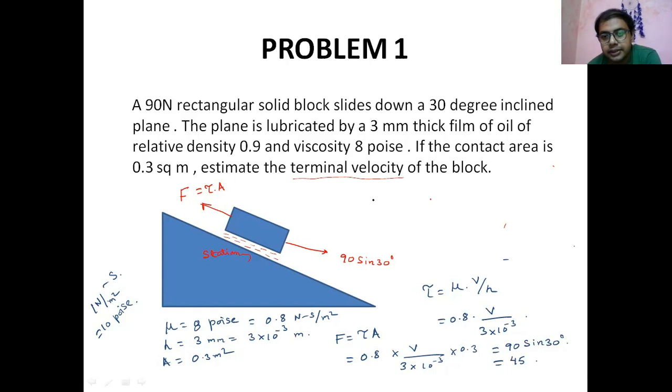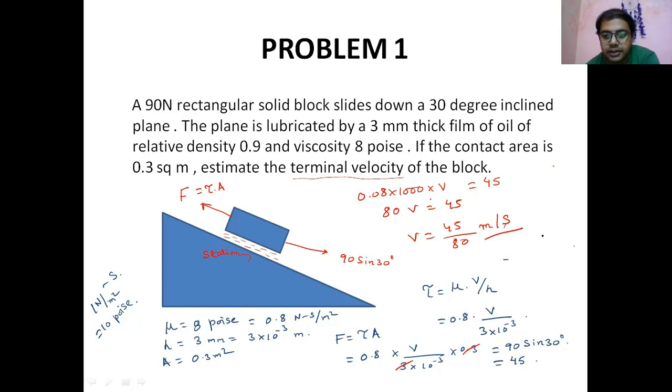Now the V value will come this way. 0.8 into 0.3 divided by 3 into 10 to the minus 3 gives 0.08 into 1000 into V. So 80 V equals 45, V will be 45 by 80, so the answer will come as 0.56 something meter per second. That is the terminal velocity.